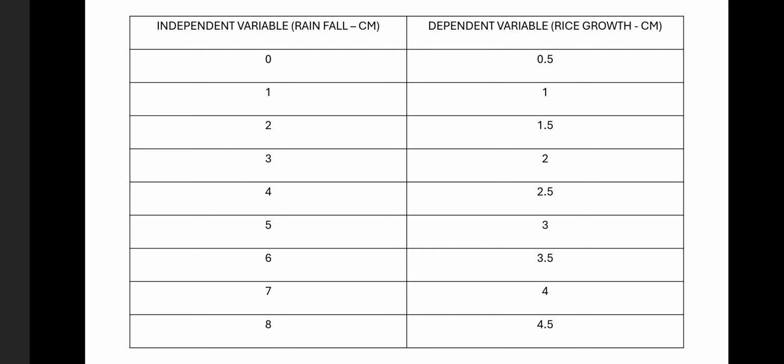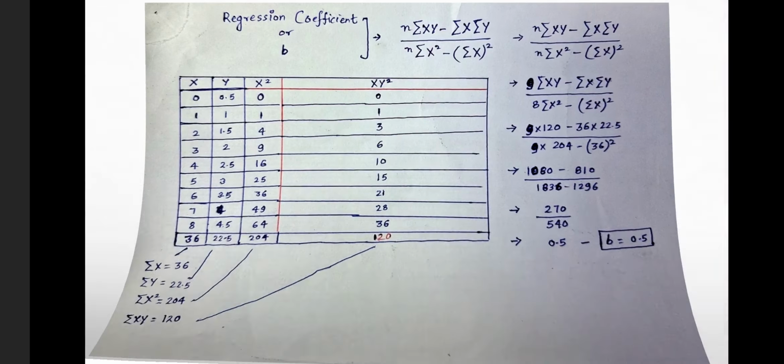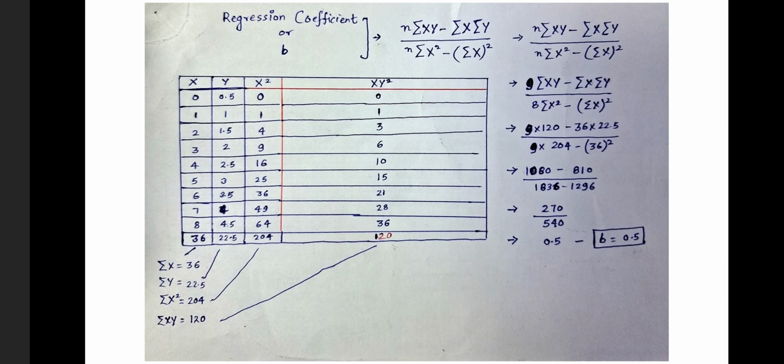So I have a solution for this problem. Let's see how to solve this. The formula for the regression coefficient, called b, is n times the total of x into y minus the total of x into the total of y, divided by n times the total of the squares of x minus the sum of x, then its square. Here n represents the total number of outcomes we have.